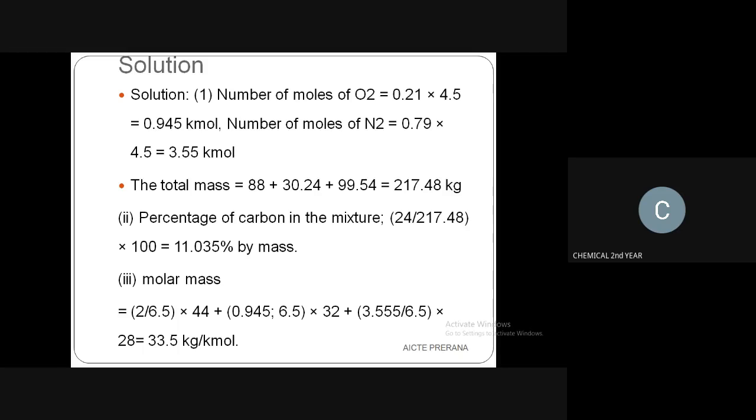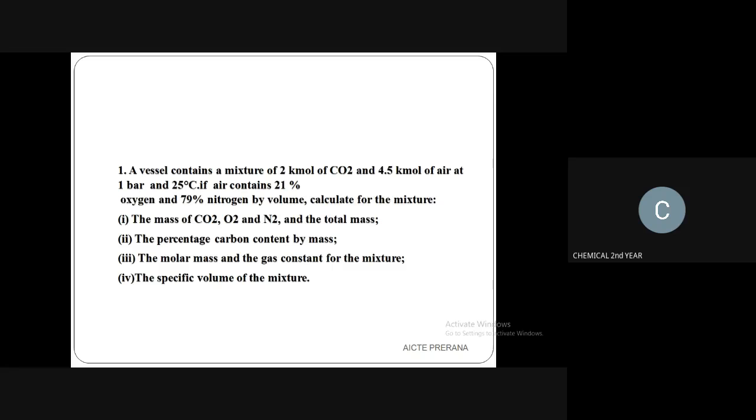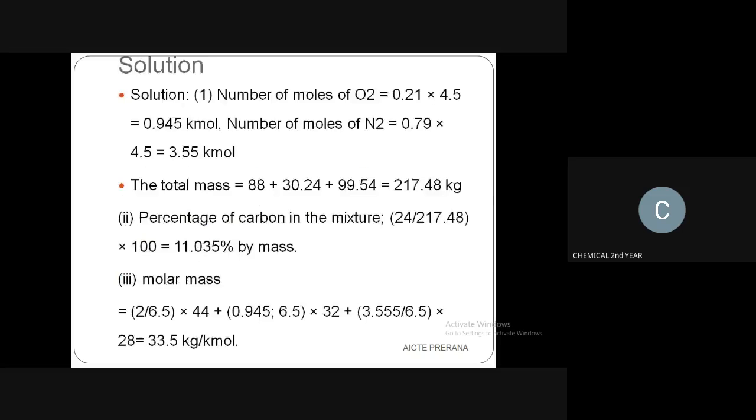For O2, they have given 21%, so this is a fraction; we convert it to mole fraction, that is 0.21 into 4.5. Then 0.21 into 4.5 is 0.945 kilomole.